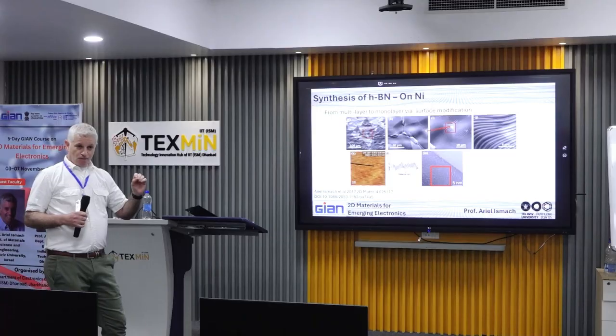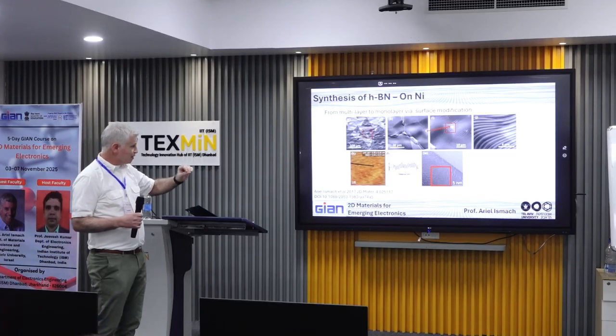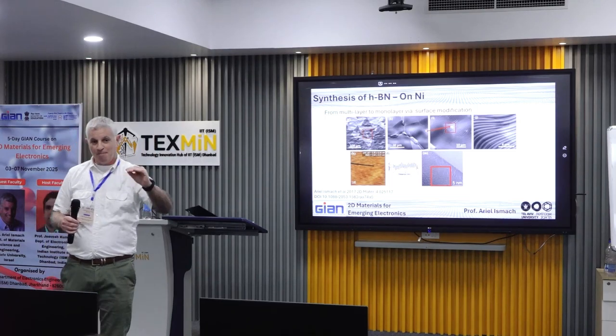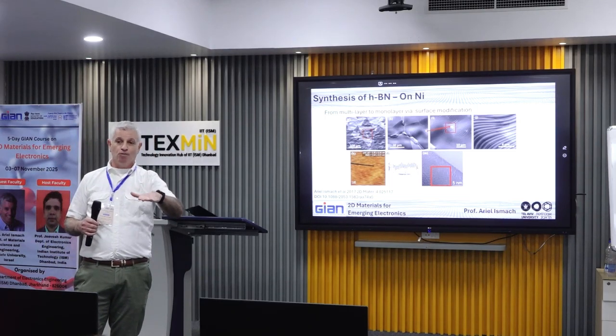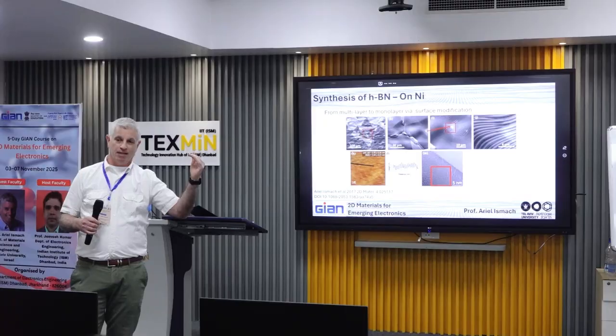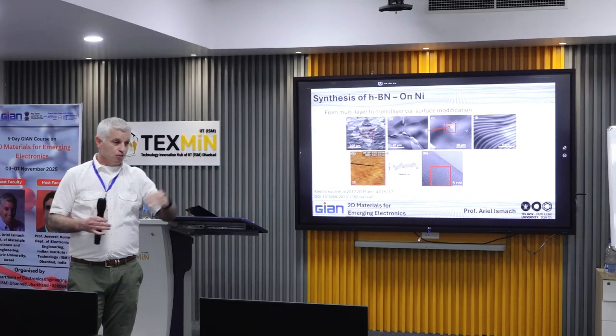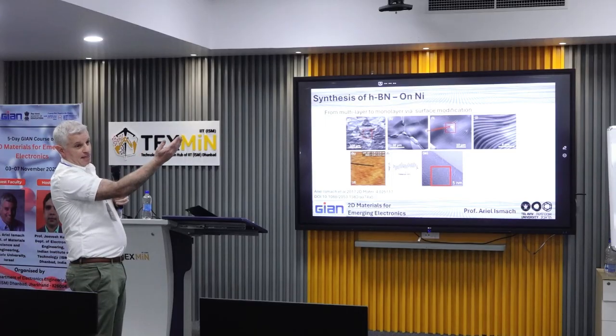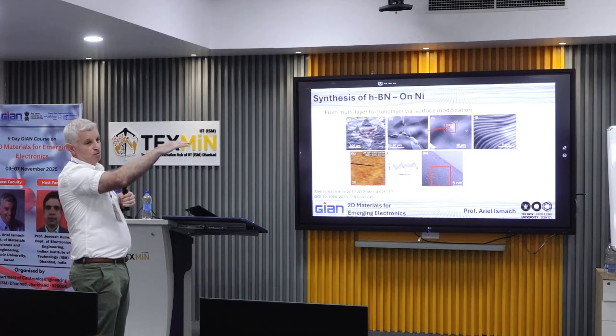By doing so, it's a bit complex, the carbon vapor reduces the boron oxide in situ during the growth of the boron nitride. So we reduce the boron oxide on the nickel, exposing again the nickel, but just for the growth.